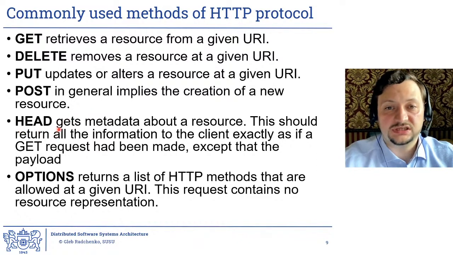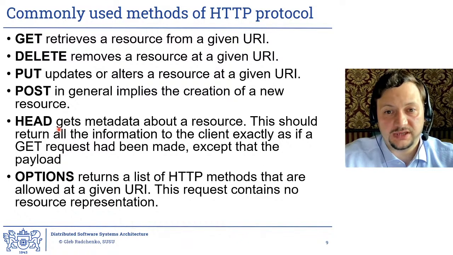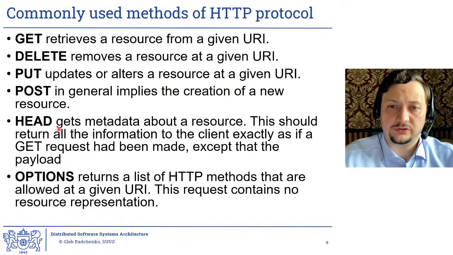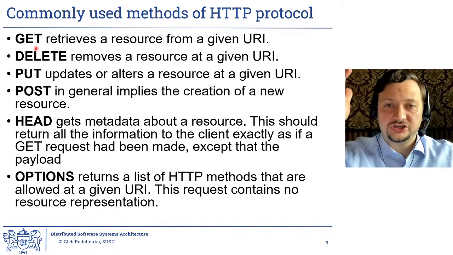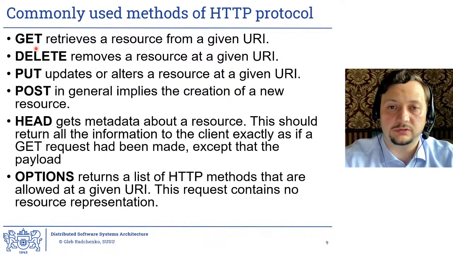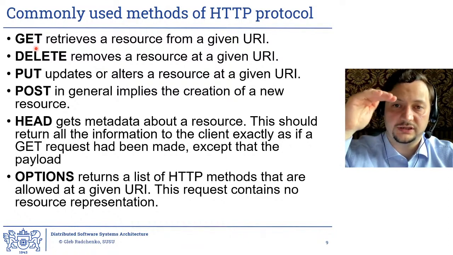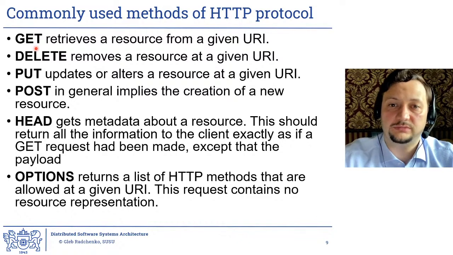HEAD. It is a special type of request that gets metadata about the resource. It would return us the same information as the GET, but instead of all the information about the resource, including the contents of the web page, for example, it would get us only the head information, only the titles of the HTML response.